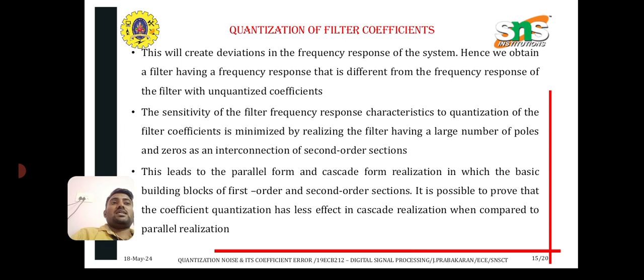By understanding its causes, impact, and mitigation techniques, engineers can design more robust and accurate systems, ensuring that the performance of digital filters and other DSP components remains close to their intended design despite the limitation of finite precision representation.